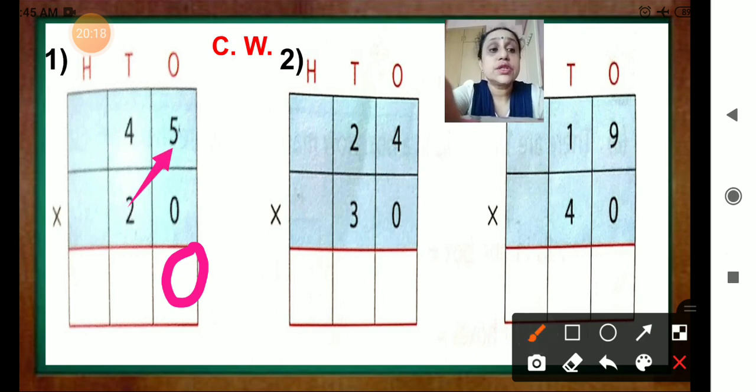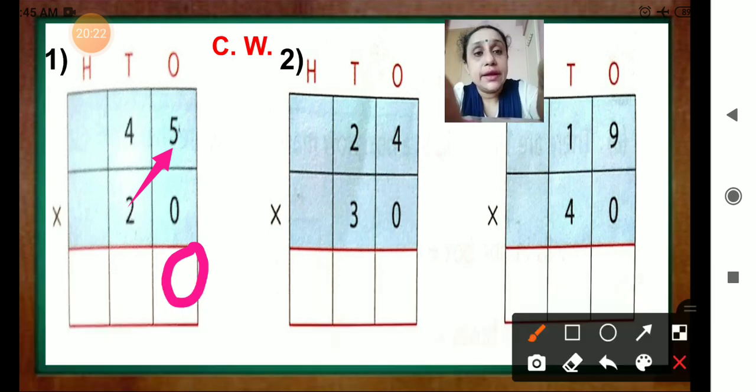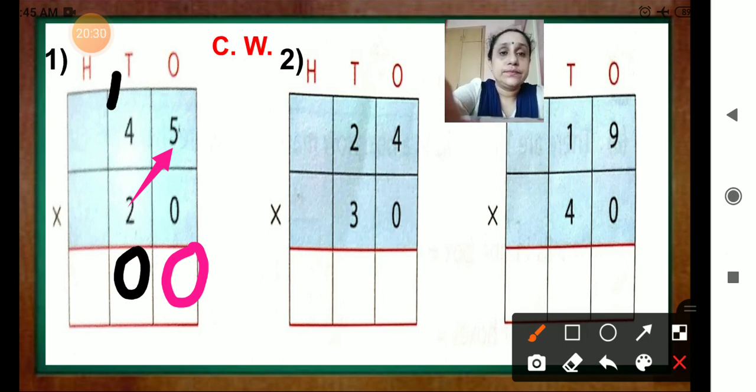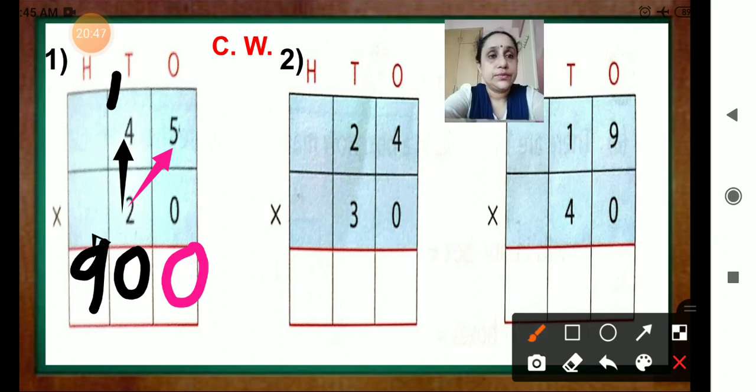How much 2 5s are? Yes, say 10. What you will do? Write this 0 here and carry over 1. Okay? Now 2 4s are 8. 8 plus 1, 9. 900 you are getting.